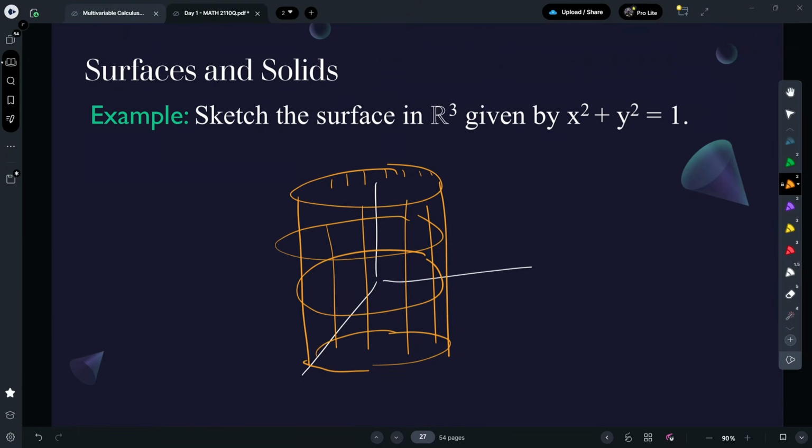Okay, so for example, I can pick a point in here. This point is going to be the point 3/5, 4/5, and 2, say. 3/5 and 4/5, when you square them and add them together, it gives you 1.